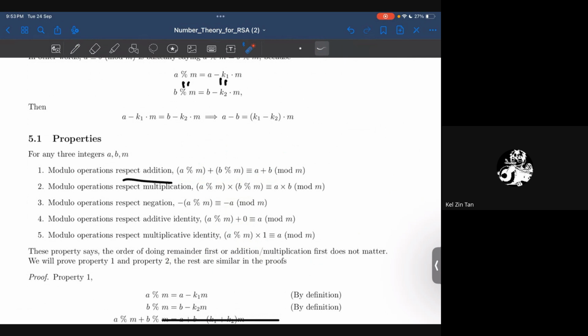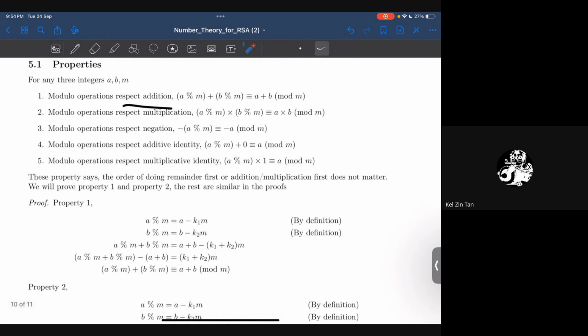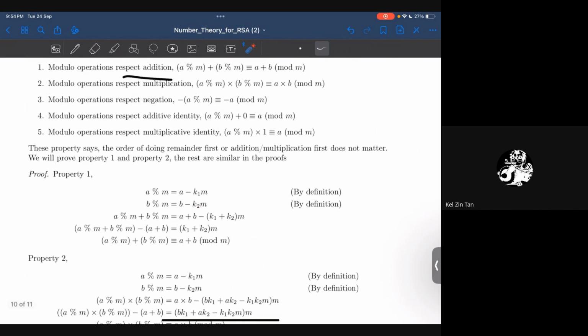So why is this the case? We show the proof for these two properties. The other one you can just do yourself. So a modulo m and b modulo m are equal to a minus k1m and b minus k2m. So I add these two terms together. This will become a plus b minus these two together.